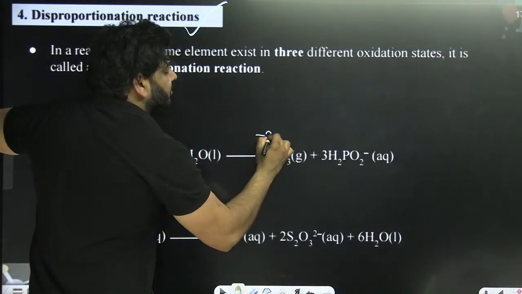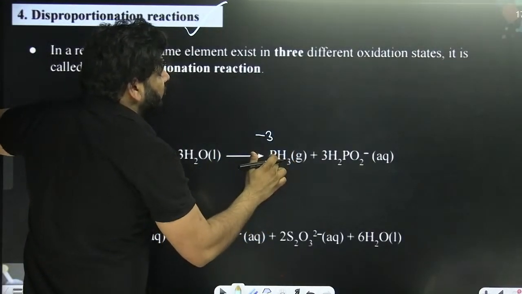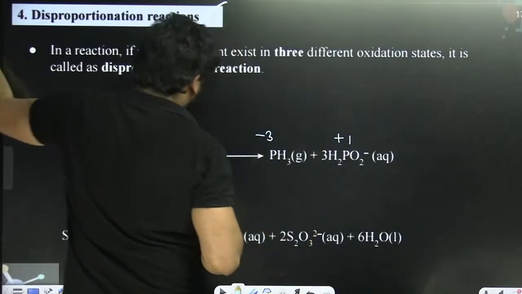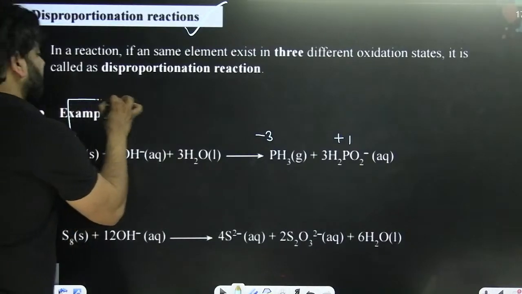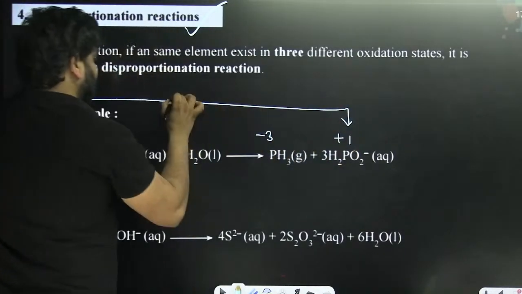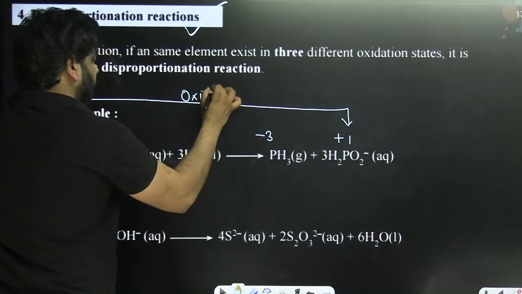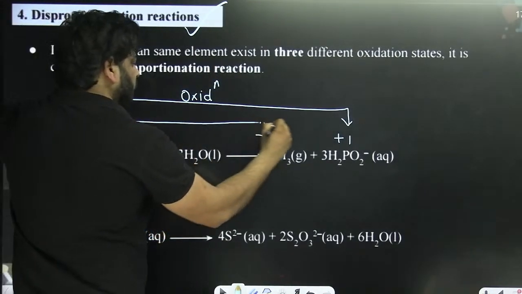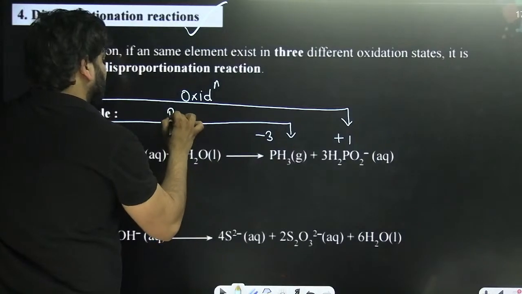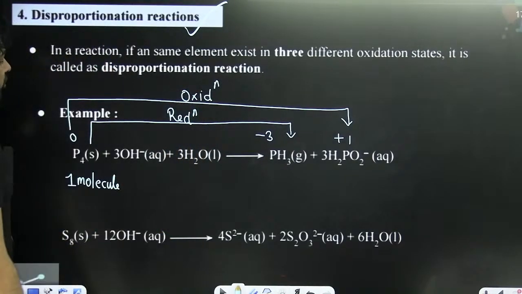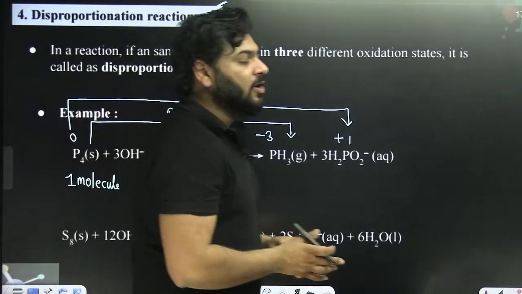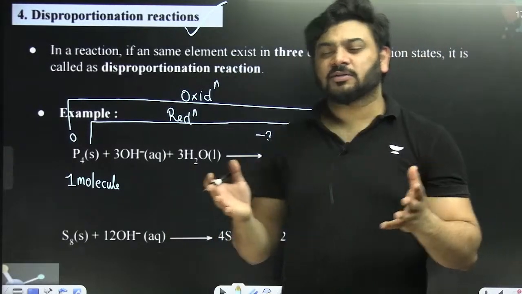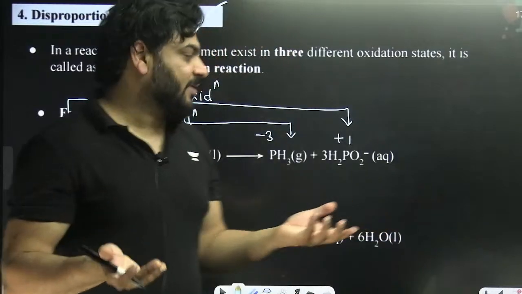Here it has -3 oxidation state because hydrogen is +1, and here phosphorus has an oxidation state of +1. So something going from 0 to +1 is called oxidation, and something going from 0 to -3 is called reduction. So if the same element belonging to the same molecule or ion undergoes oxidation and reduction as well, it's called a disproportionation reaction. Very simple reaction, right?